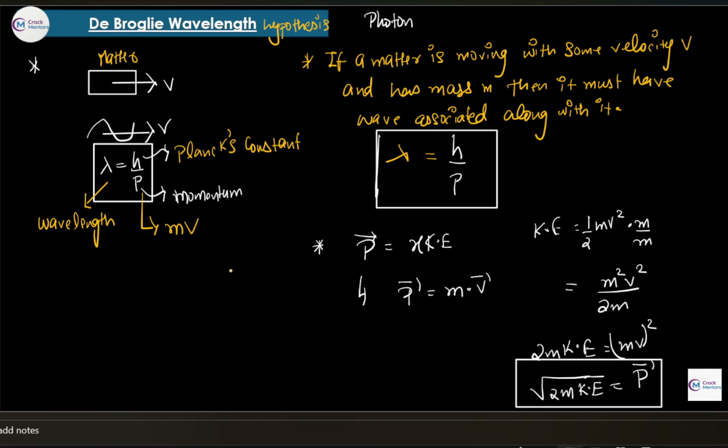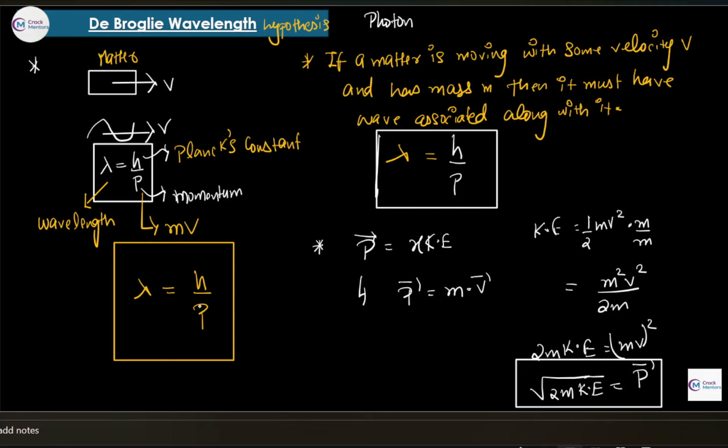And if we need to find out the wavelength of the wave, then it can be calculated by h upon p. This is what is stated by de Broglie, and it is the de Broglie hypothesis, nothing else.